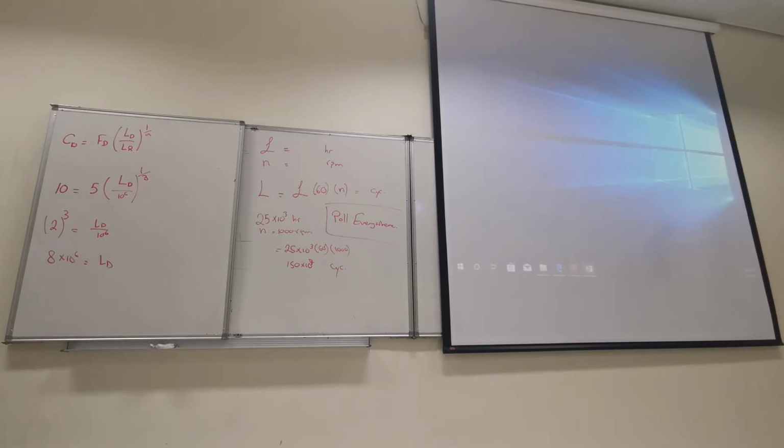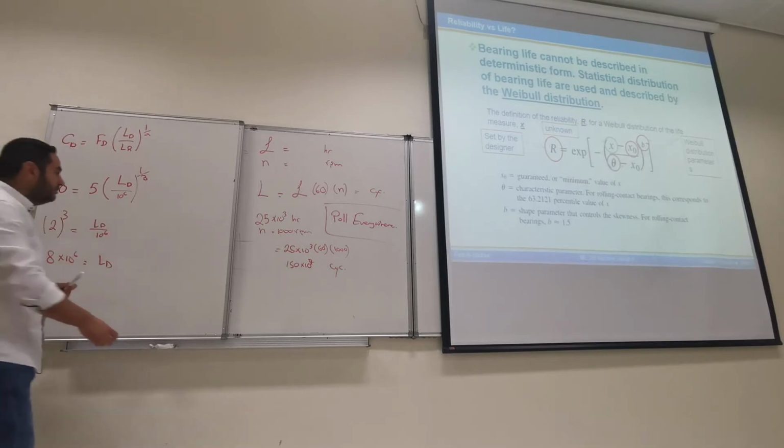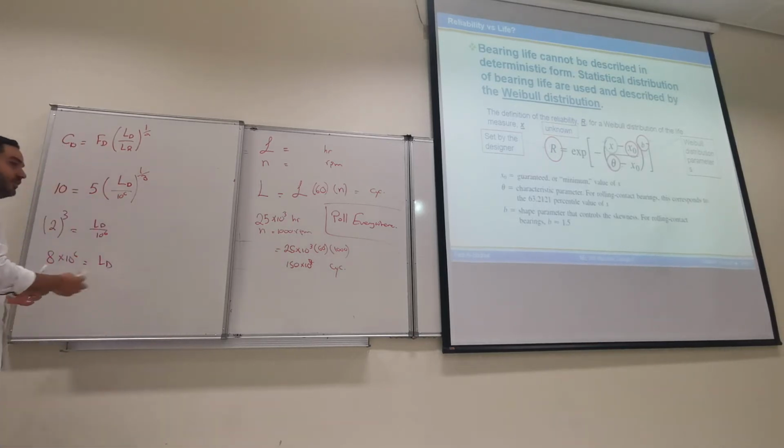Now, the rating we are talking about, the catalog rating, is based on certain reliability. So, for example, we calculated the life here, right? It was 8 million cycles.